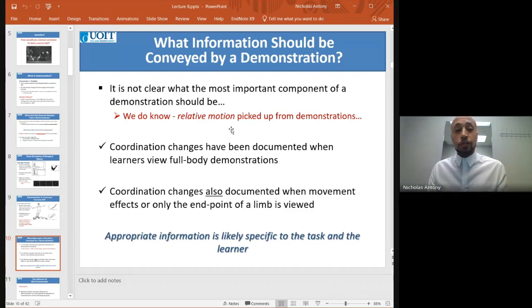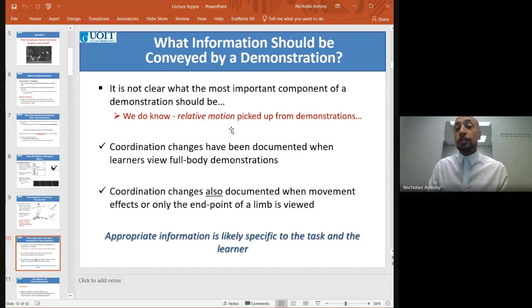Yeah, so the research was actually inconclusive, right? It's going to be dependent on both the skill level of the learners as well as the skill itself, because it also could be both, right? It could be better to see the full body initially so beginners get a better idea of what they're supposed to be doing, and then zoom in and have a demonstration of the foot flick, so they add in how the foot should move.